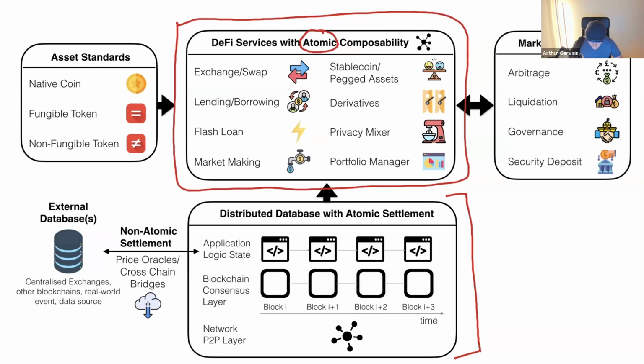So you do have market mechanisms such as liquidations that Sam also touched upon. So if the price of an asset drops, then the collateral value might not be sufficient anymore to represent the debt, and therefore liquidation may be triggered. This is particularly important for lending and borrowing protocols, as well as stable coins and other protocols in DeFi.